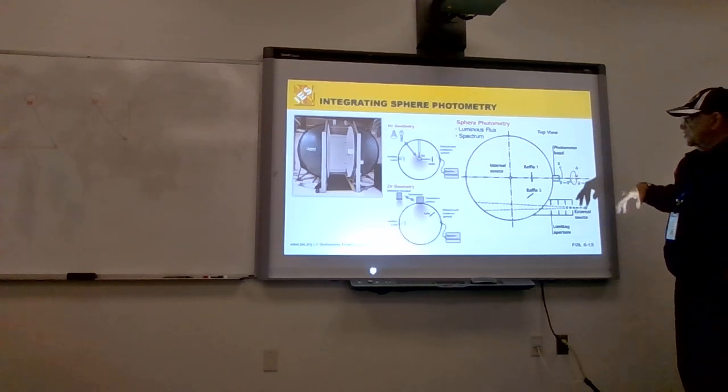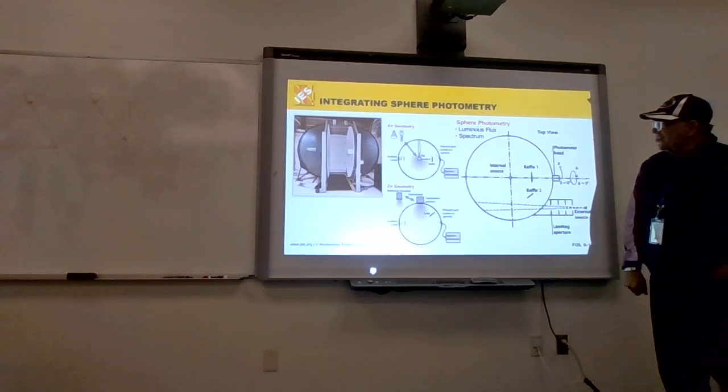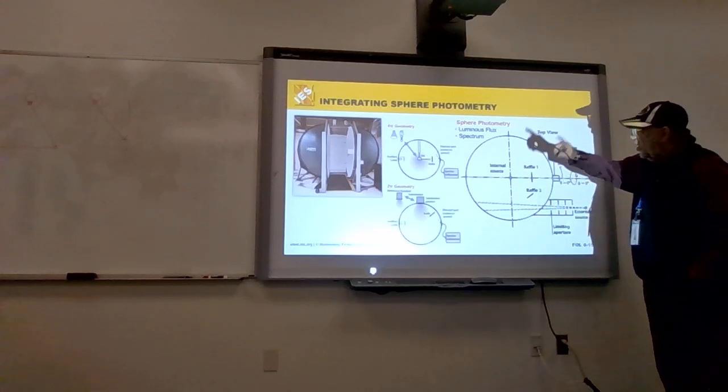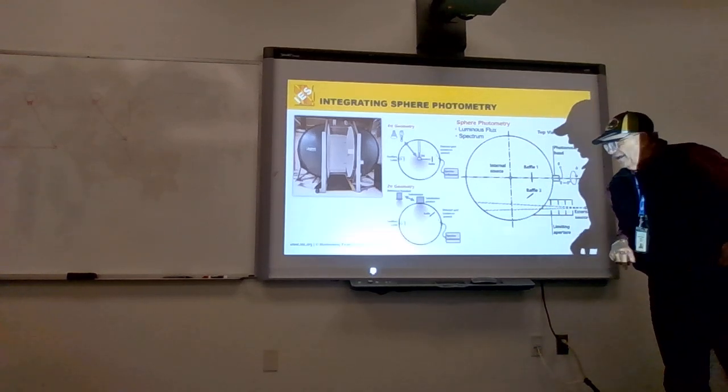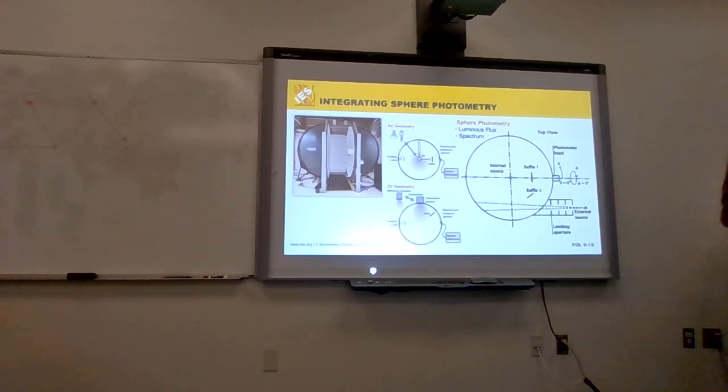Without going into too much detail, we put the luminaire right in the center, and then we measure on every single angle inside of that sphere what the intensity is. We come up with a plot.